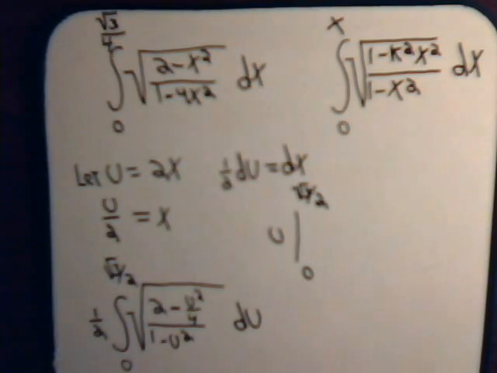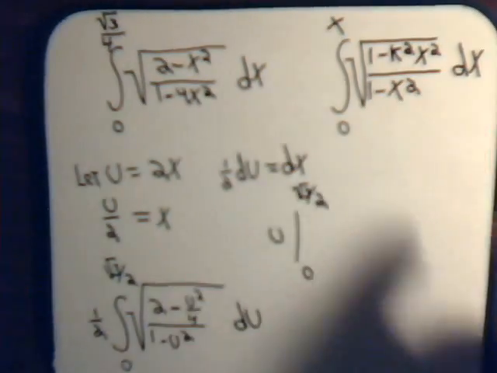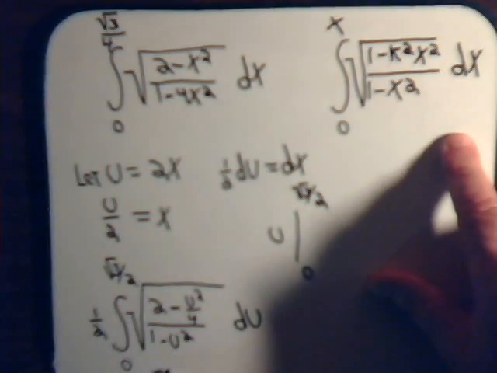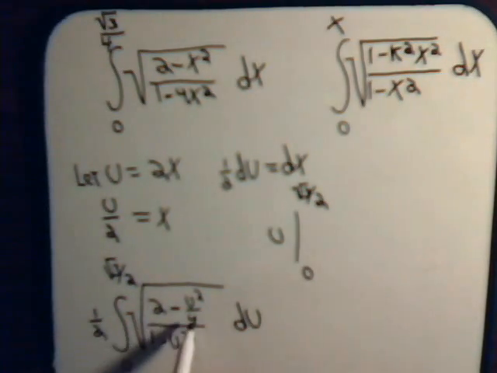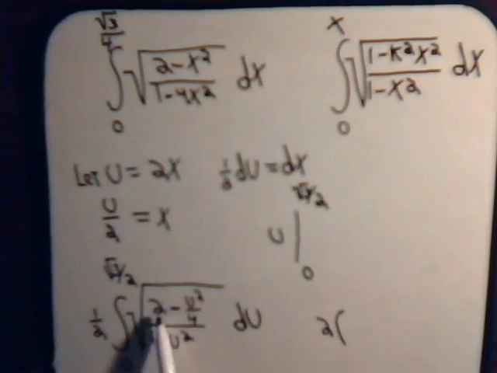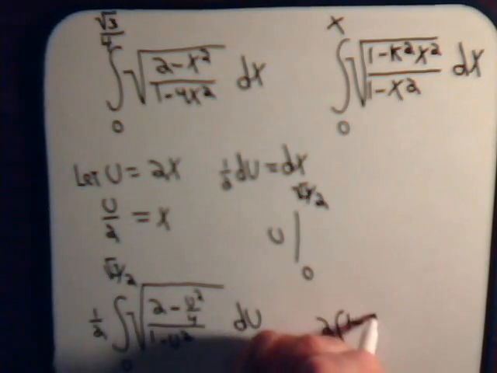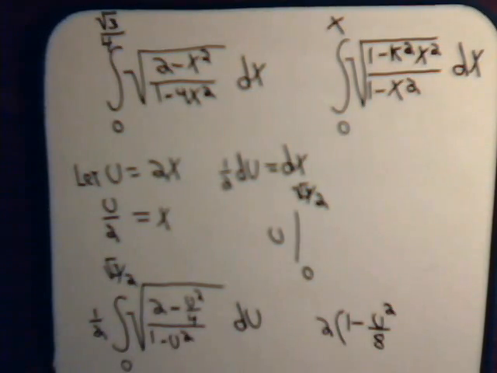So a simple substitution, and we're getting closer now to having this in a standard form. 1 minus u squared, we're okay there, but here this has to be a 1. So we'll factor out the 2. So we're going to have in the numerator, it's going to be 2 times 1 minus u squared over 8. And then we'll take the 2 to the outside of the square root.